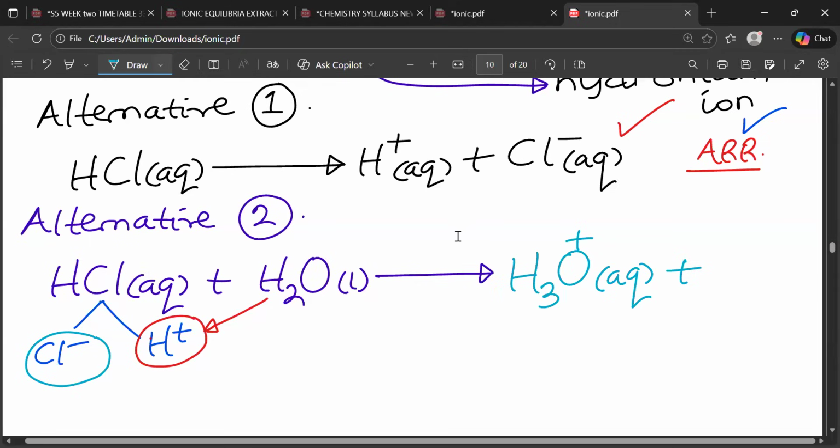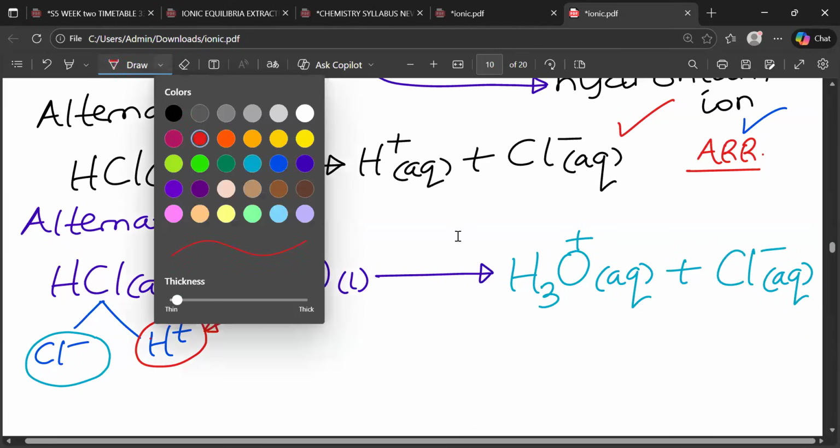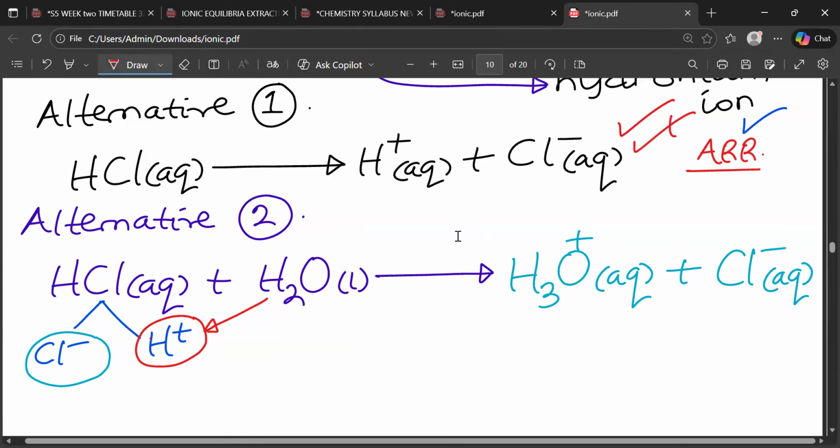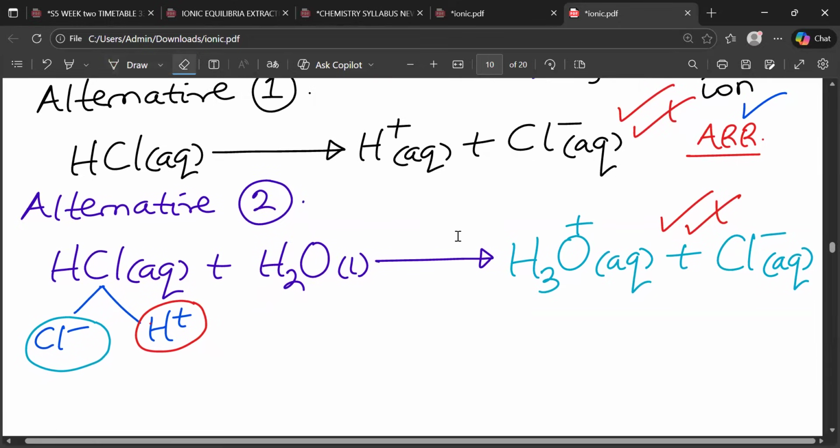But the Cl- is ignored. So it will become part of the products like that. And then this is the equation of a real A-level student. The Arrhenius is easy. The Arrhenius is for all levels. Anyone can write it.